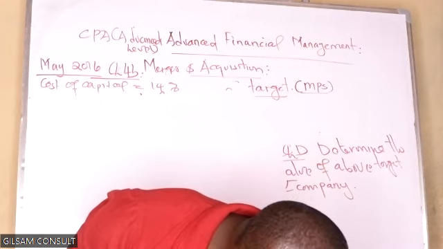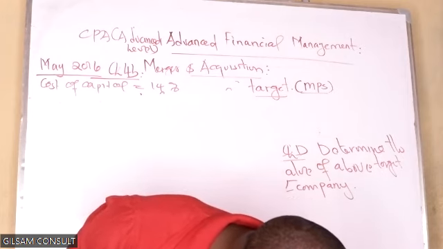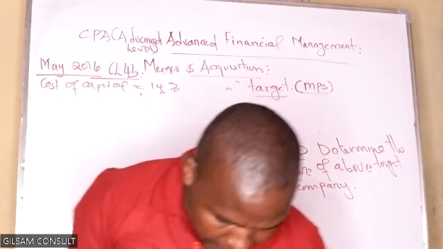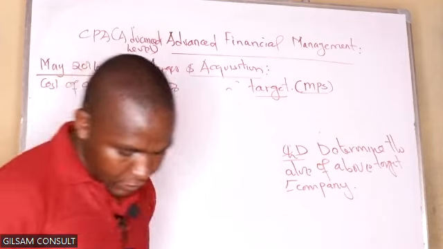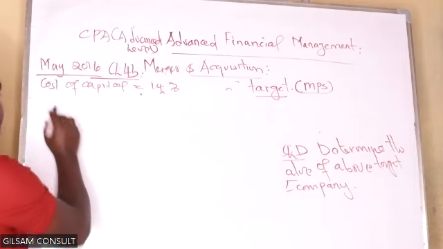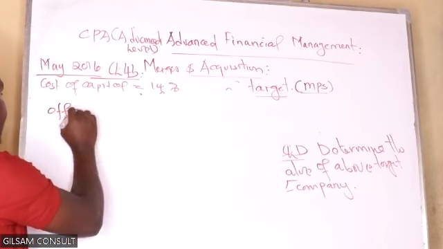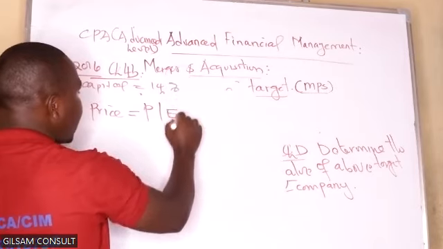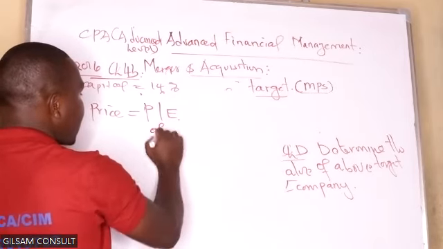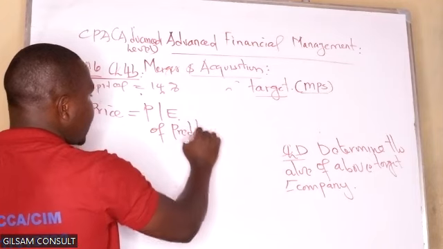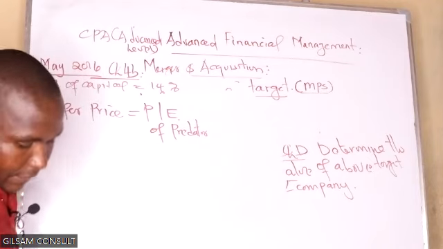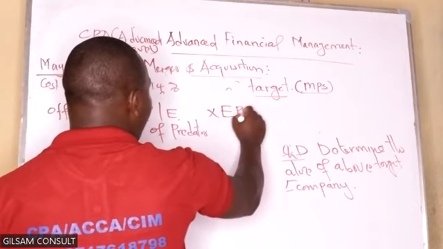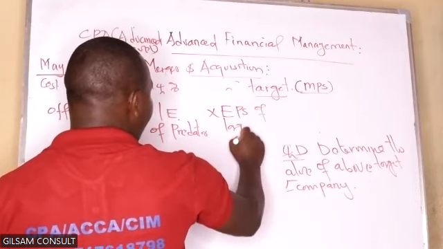If you look at what we have done before, you get the overprice by taking the PE ratio of the predator, and remember our predator is the acquiring company, and multiplying by the EPS of the target company.